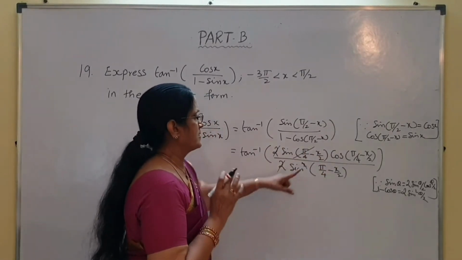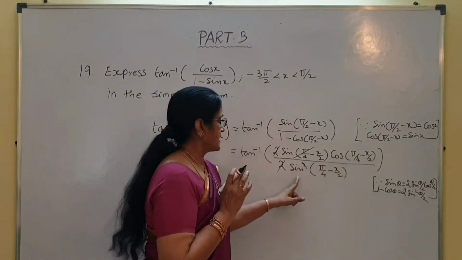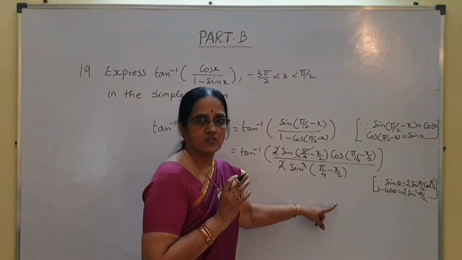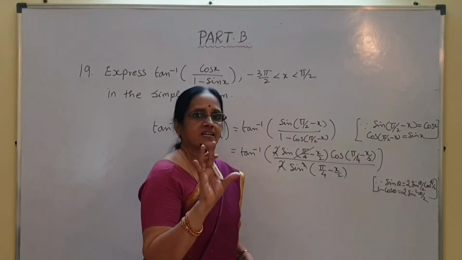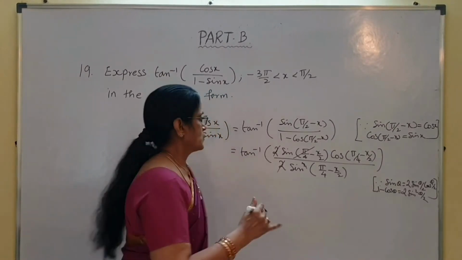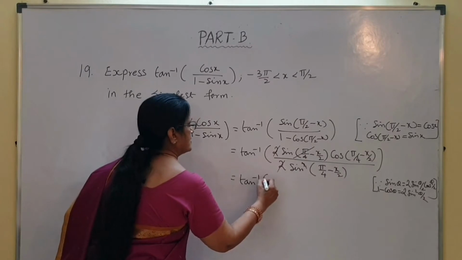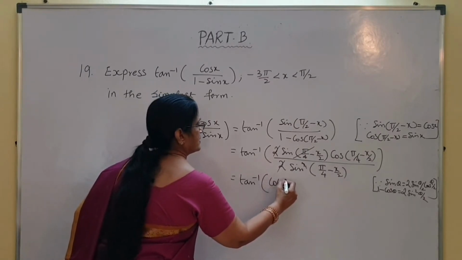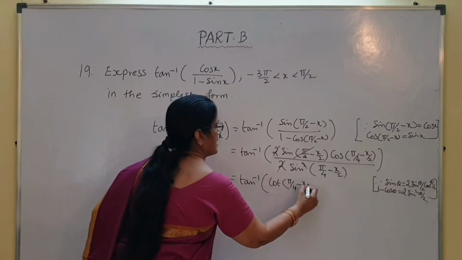I will be left with cos pi by 4 minus x by 2 by sin pi by 4 minus x by 2. You know, cos theta by sin theta is cot theta. So this is going to be tan inverse cot. Theta here is pi by 4 minus x by 2.